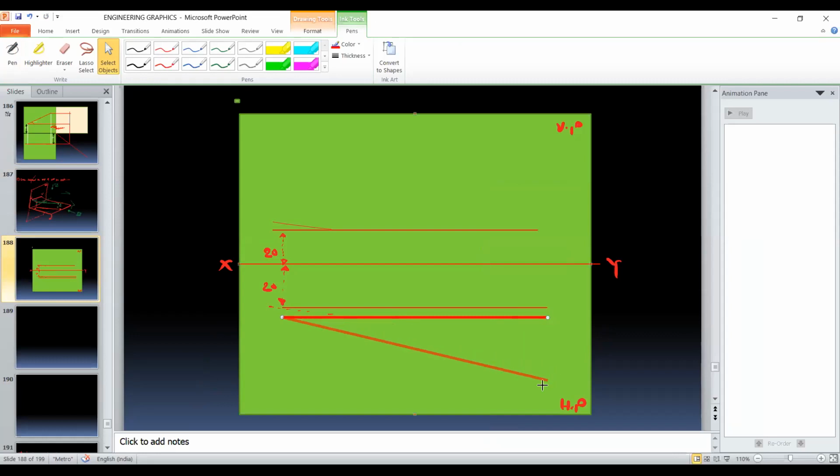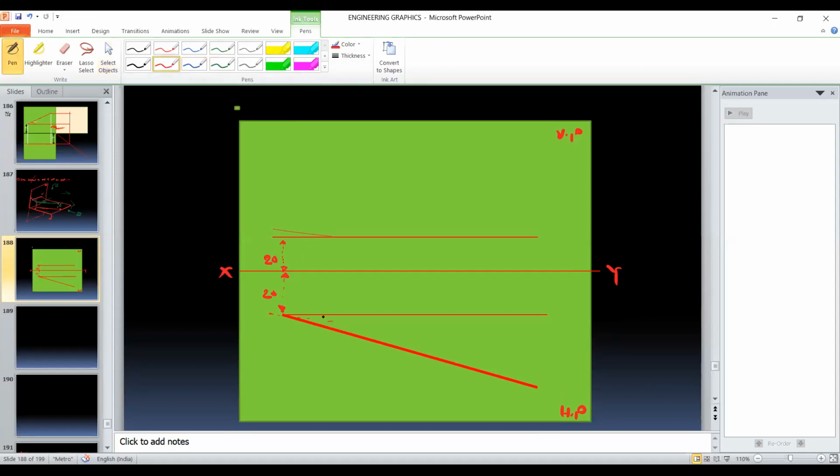This will represent the actual top view. So now we have got the top view with this inclination equal to 40 degrees. This is point A and this is your point B.